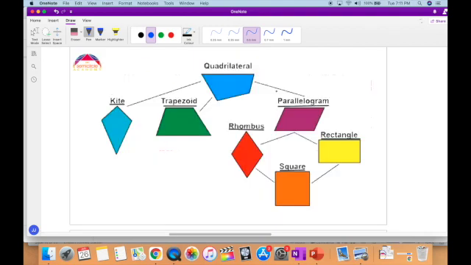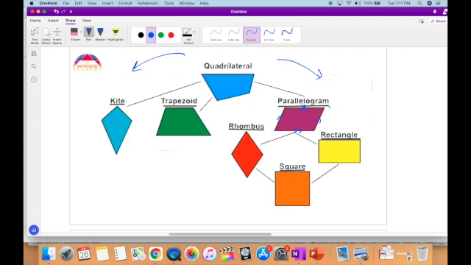So we have quadrilaterals. On this side, we have our parallelograms. On this side, we have our trapezoids. We can see here that the parallelograms have parallel sides, of course. What are the properties of a rectangle?